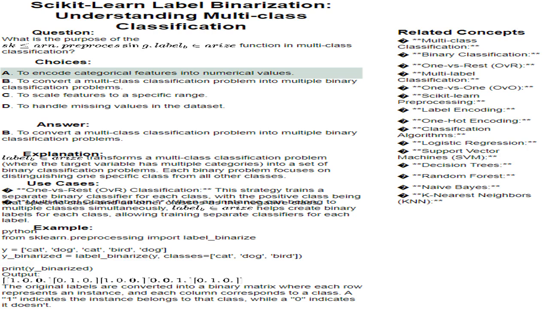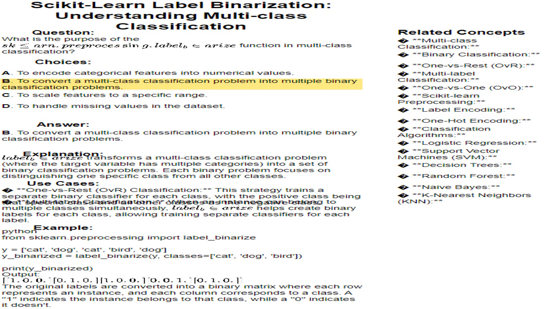To encode categorical features into numerical values. False. While encoding categorical features is important, label_binarize specifically focuses on transforming multi-class labels into binary representations, not general categorical encoding. To convert a multi-class classification problem into multiple binary classification problems.